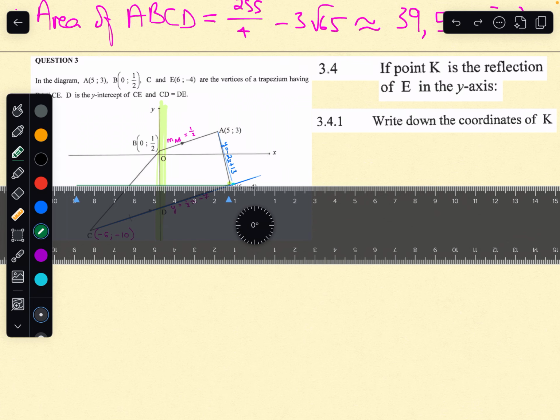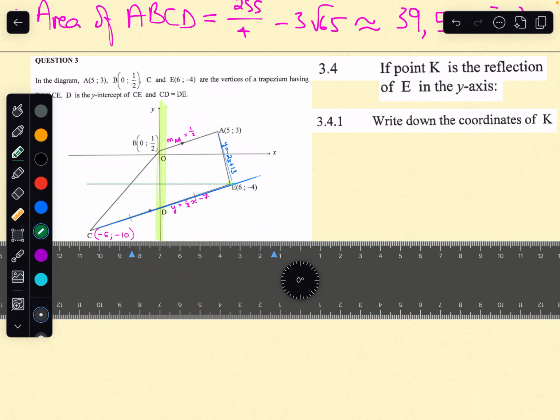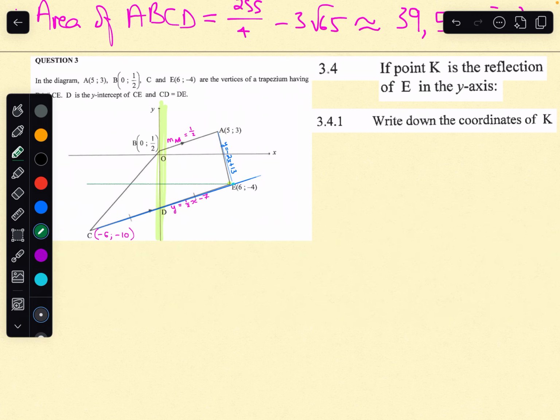So it's gonna be somewhere there or something. Okay, so that is the K whose coordinates we're looking for.